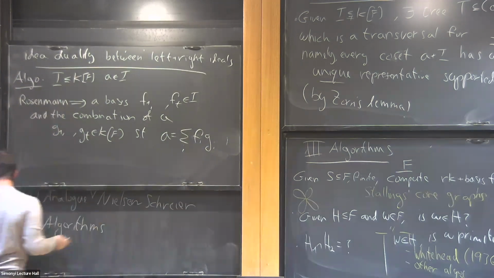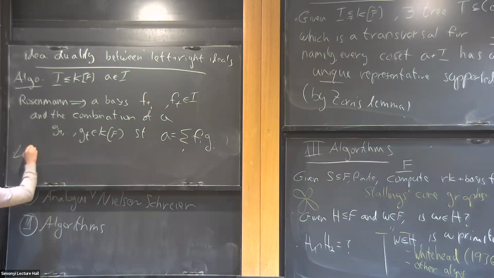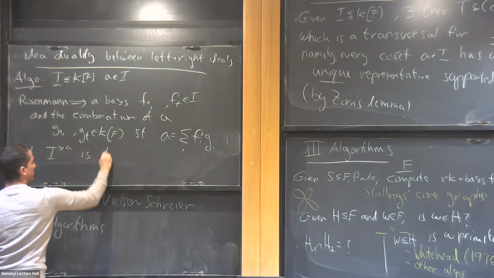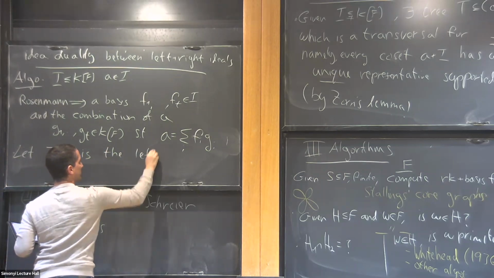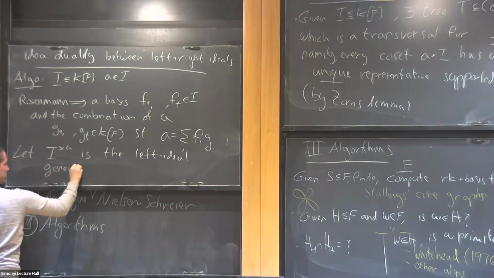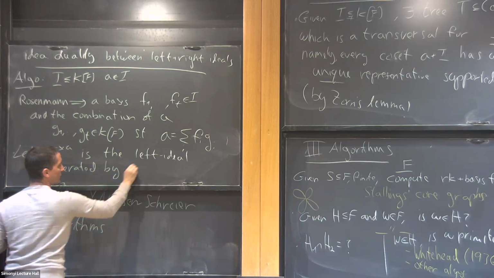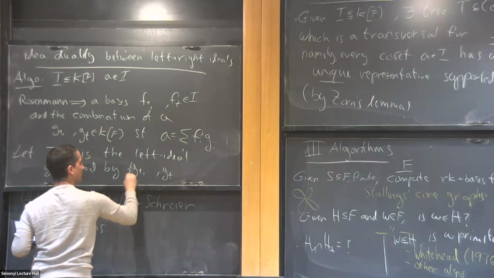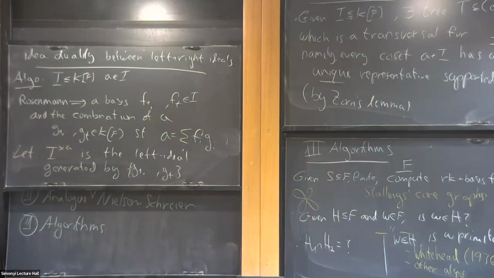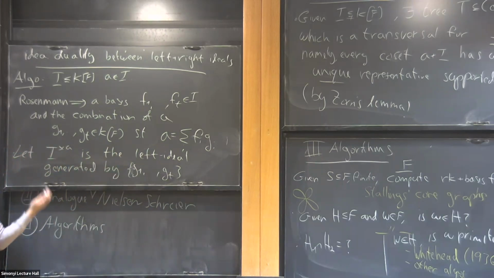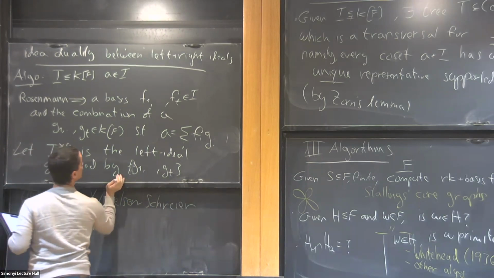And now what we do, we let the dual of I with respect to A be the left ideal generated by the coefficients. The original basis was the F's, and the G's are the coefficients that give us A. This is a left ideal generated by G1 to Gt.